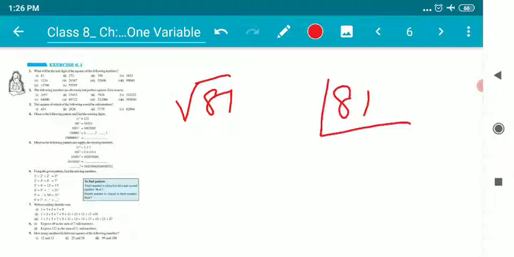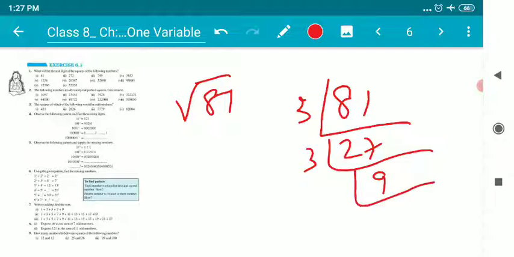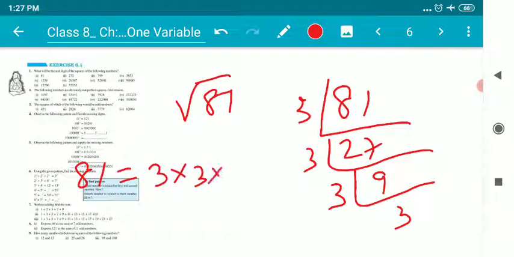Prime factorization means we have to divide it by prime numbers. 81 cannot be divided by 2, so I have to take 3. 3 27s are 81. Again, 3 9s are 27. Again, 3 3s are 9. So children, I'll write 81 is equal to 3 into 3 into 3 into 3.